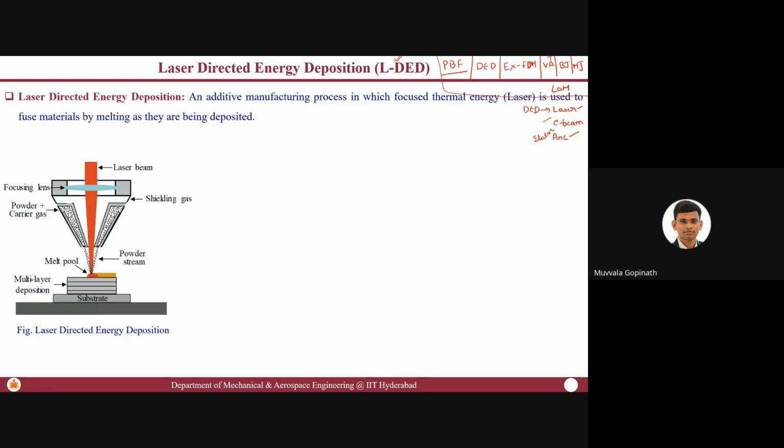Now you look at this schematic. All that you have is a nozzle. It is almost like 2 conical nozzles with different diameters inserted one into the other, which forms an annular channel through which you will be sending your metal powders. Once these metal powders come out of the nozzle, they start interacting with your laser beam.